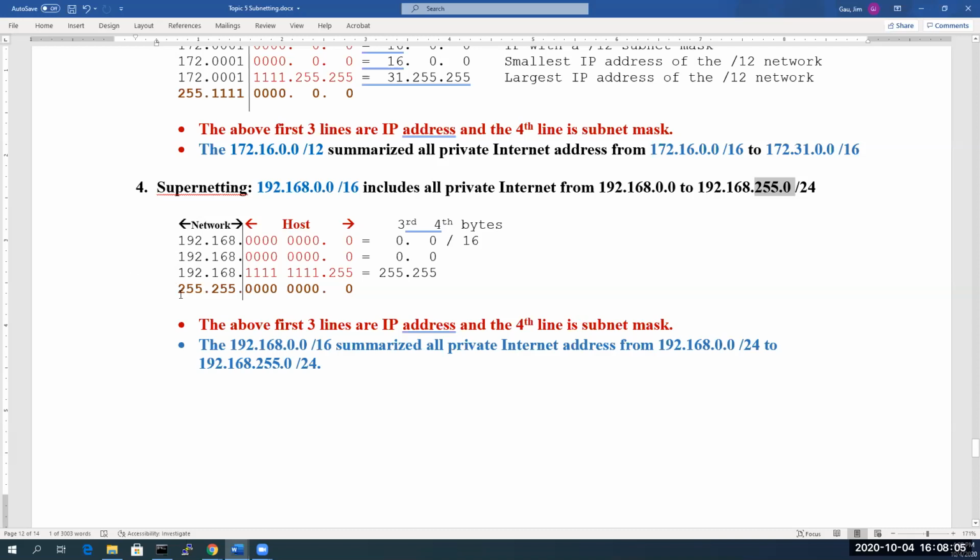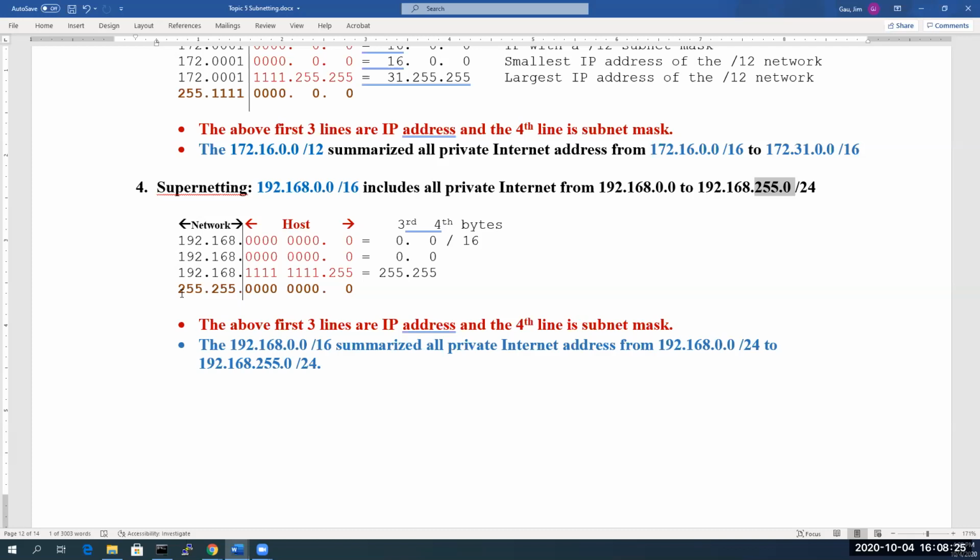That tells you 192.168.0.0/16 summarizes, aggregates, supernets, whatever you want to call it. It combines all of the private internet addresses from 192.168.0.0/24 to 192.168.255.0/24. All of them have been combined.